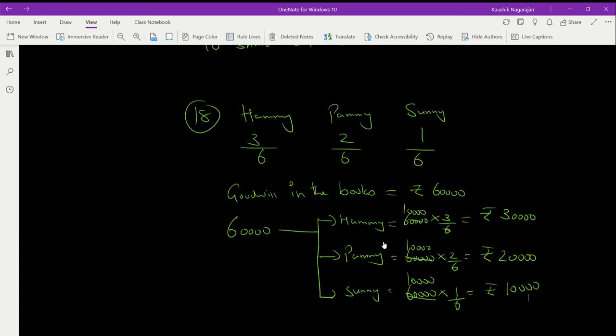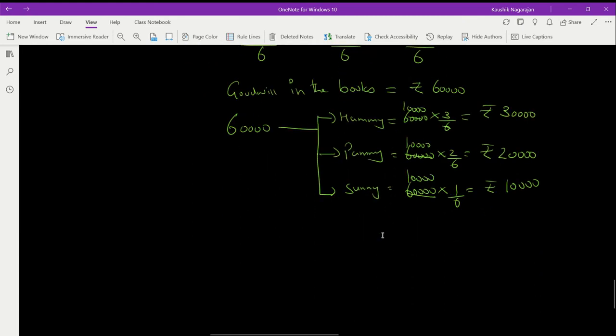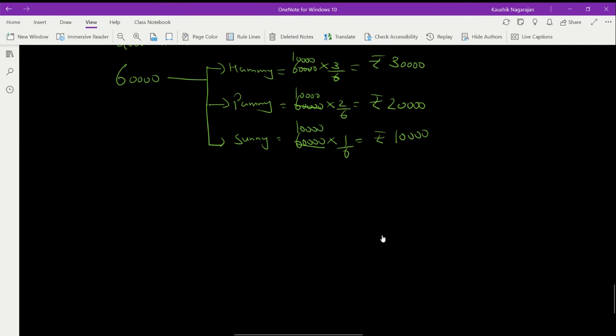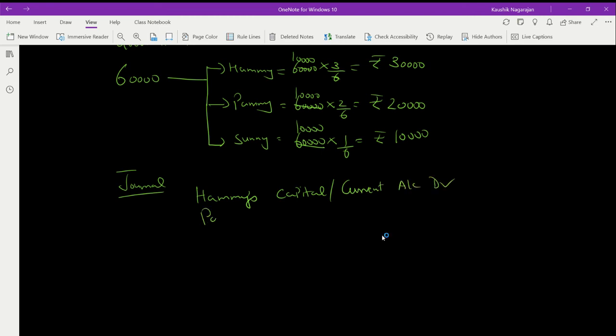So when you have found out the amount of goodwill to be written off, pass the entry for this journal. The journal will be partners' capital accounts debited. So Hammy's capital or current account will be debited. Pammy's capital or current account will be debited.